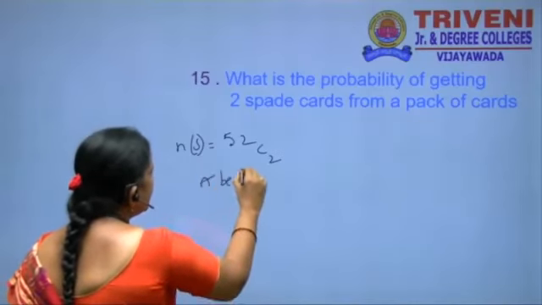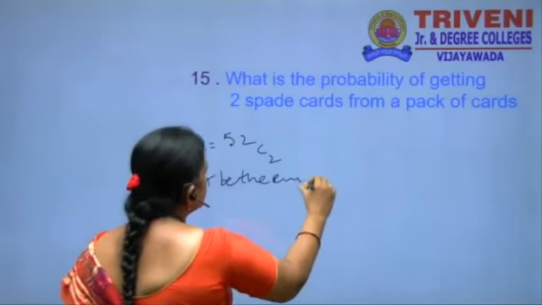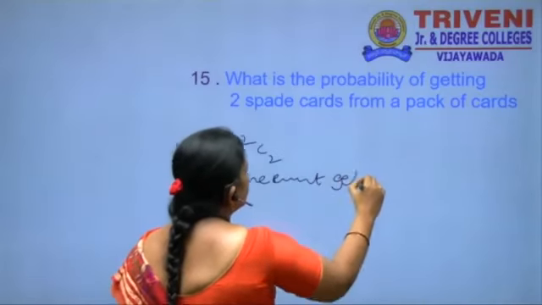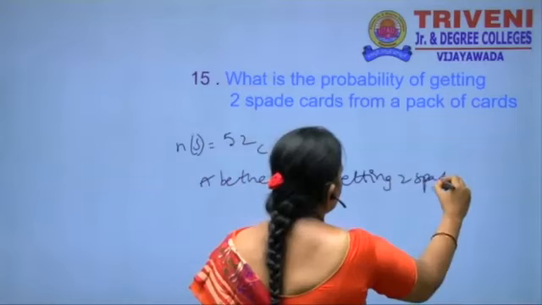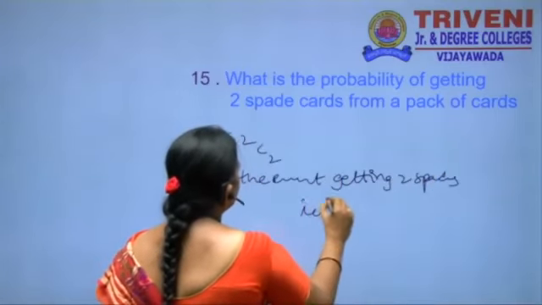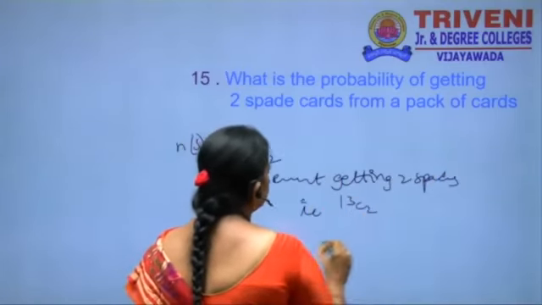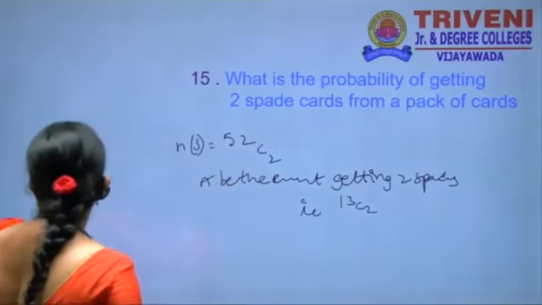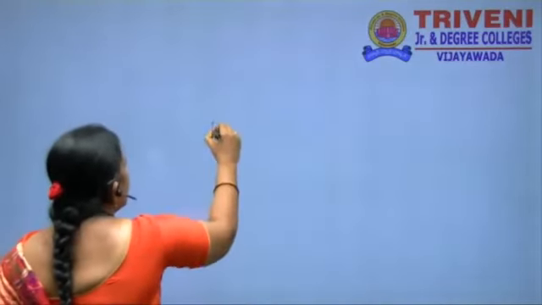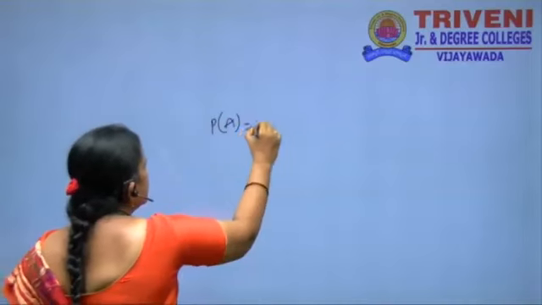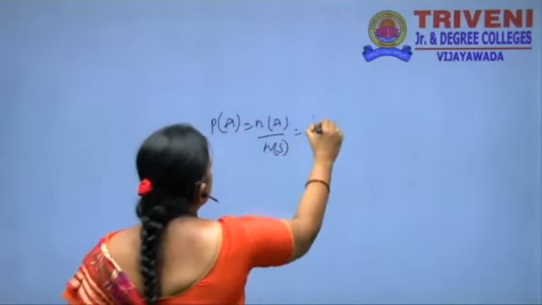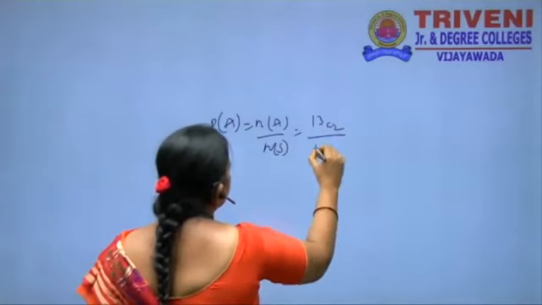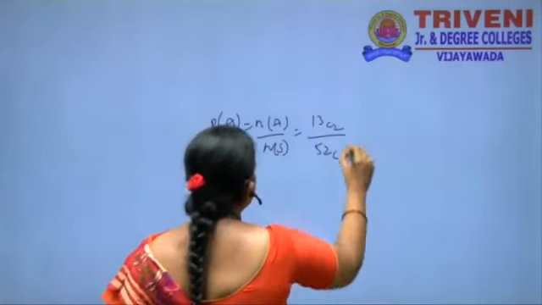Let A be the event of getting two spades, that is 13C2. P of A is equal to n of A by n of S, that is equal to 13C2 by 52C2.